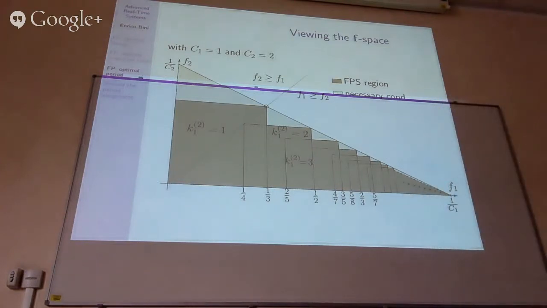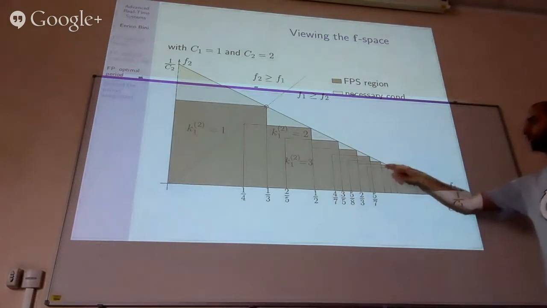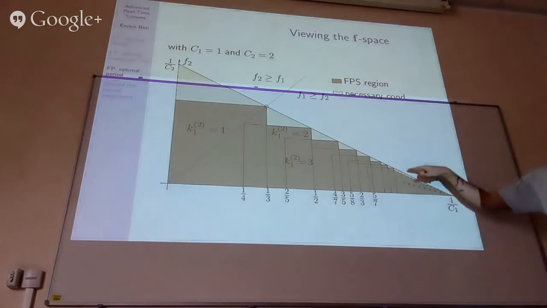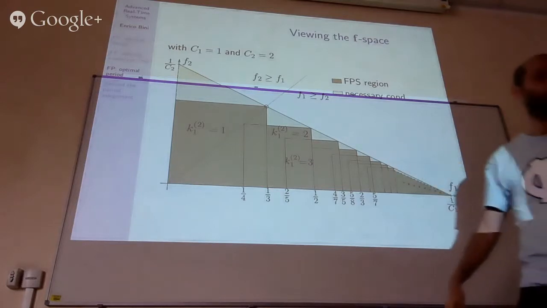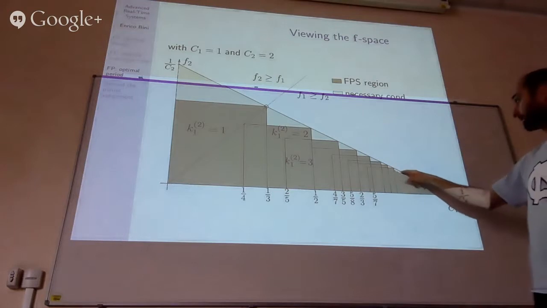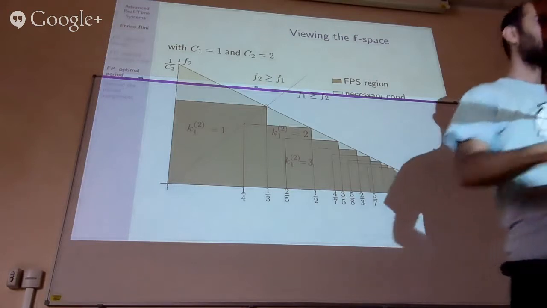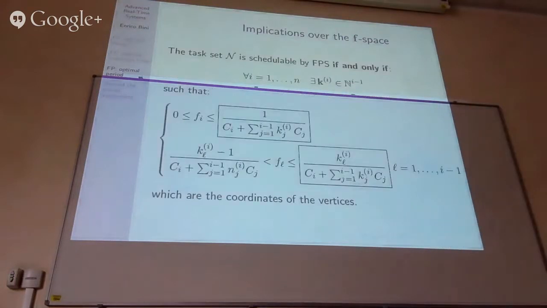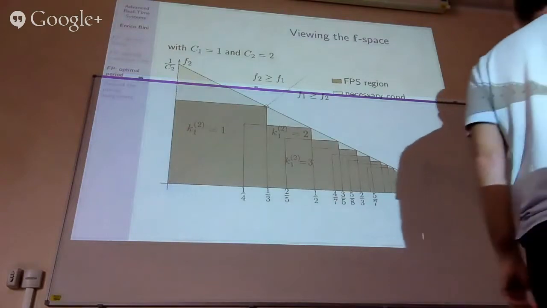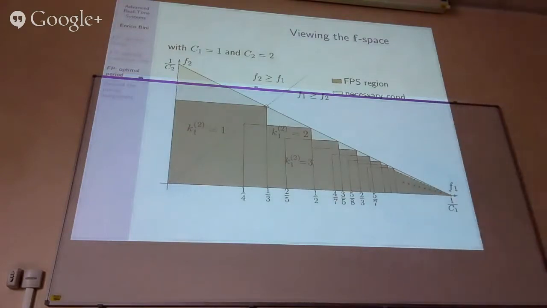Here, is n finite or not? The number of boxes to be united is infinite. It's infinite. As you know, we also have to stop somewhere. The exact schedulability region is composed of an infinite number of vertices.